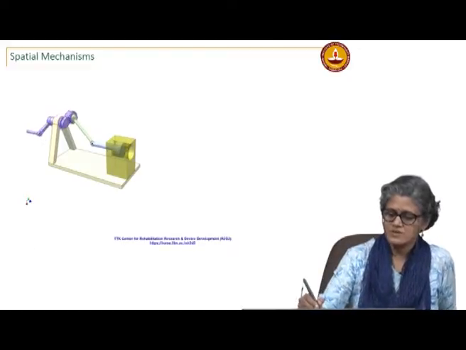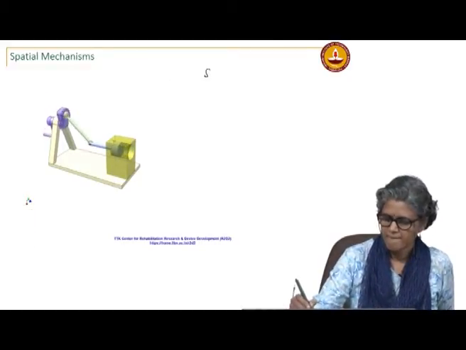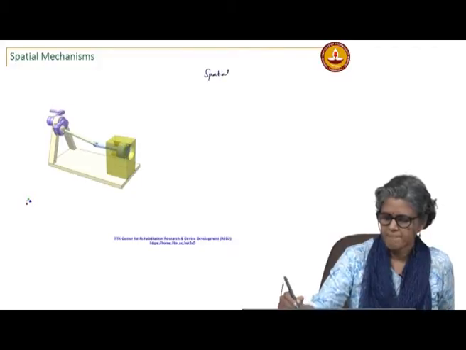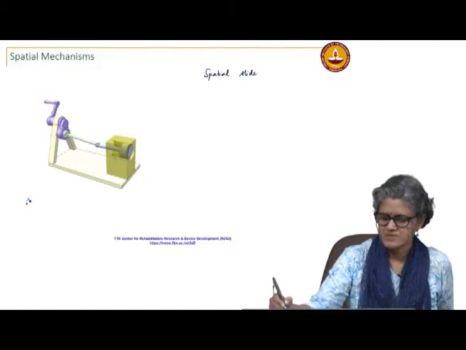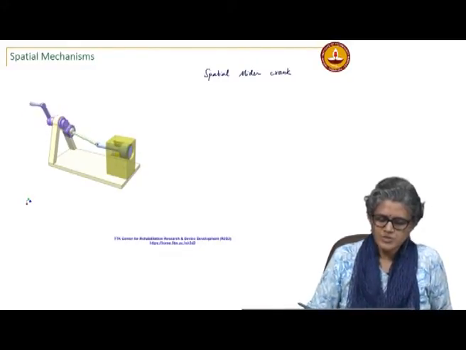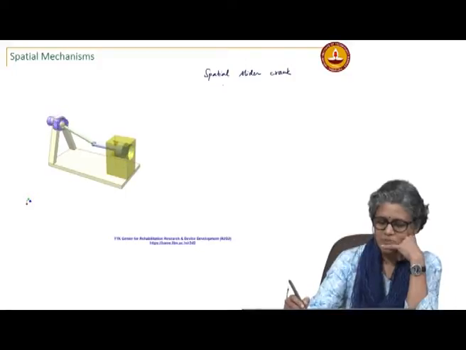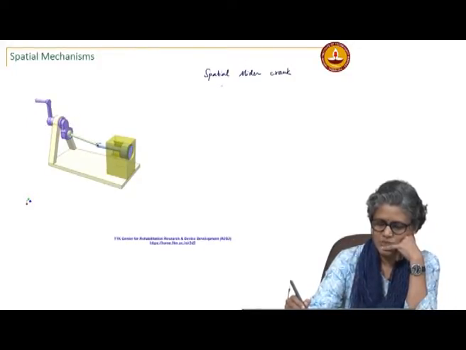This is your spatial slider crank. I want you to identify the joints and calculate the mobility of this mechanism. So, tell me how you would designate this mechanism in terms of the joints.